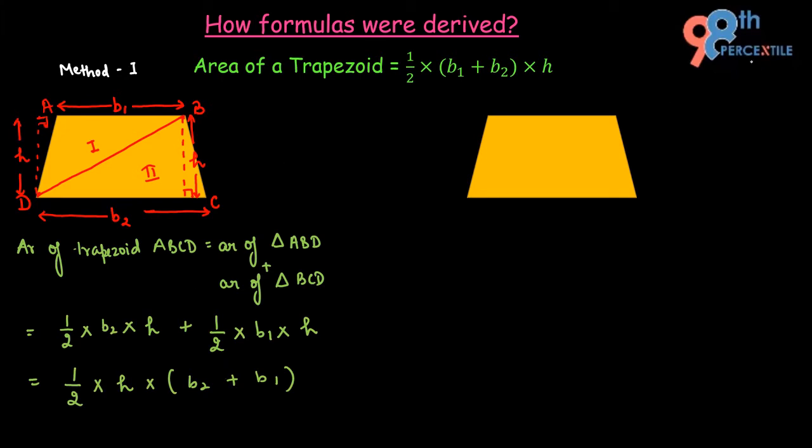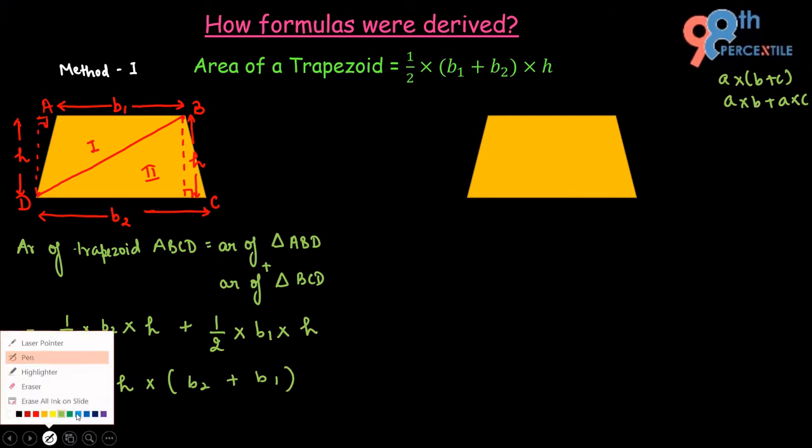In the distributive property, you have A times (B plus C) equal to A times B plus A times C. I have done just the opposite of the distributive property here. And this is nothing but our formula: half times (B1 plus B2) times height. And that's it.